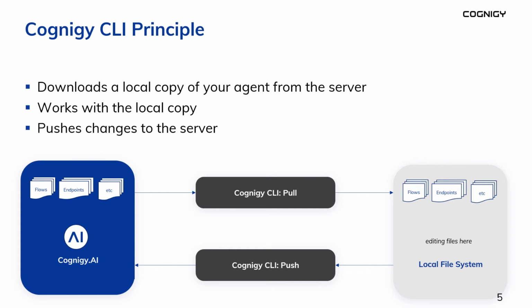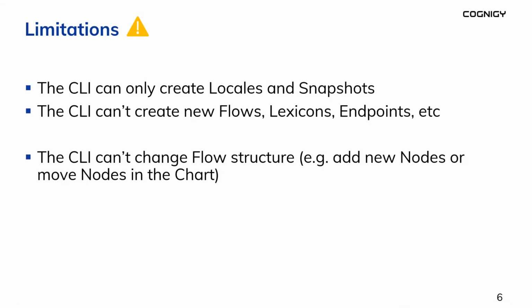So for example, if you have a number of flows on Cognigy AI, you can pull them onto the hard drive, and we'll show how all of that works in examples in a second. Then you can edit them on your hard drive and push them back to Cognigy AI, where they are then available.